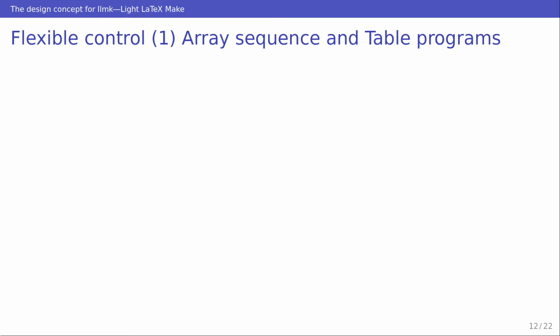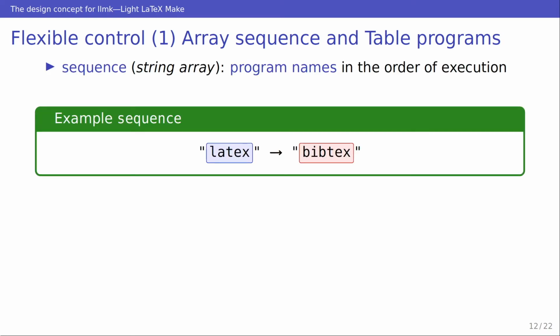Thinking about more complex cases, in theory llmk can also do flexible control for such cases, though this feature is more or less primitive compared to other sophisticated build tools. There are two important data structures for this. One is the sequence array.